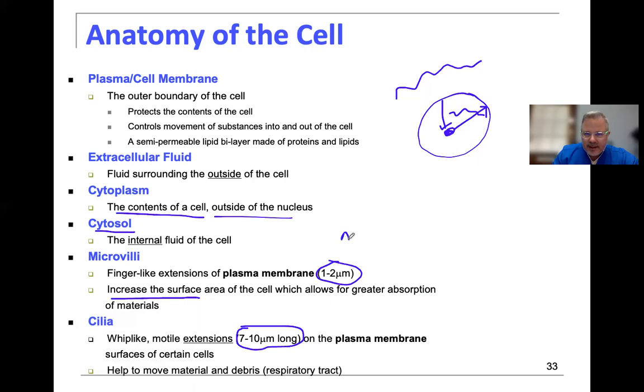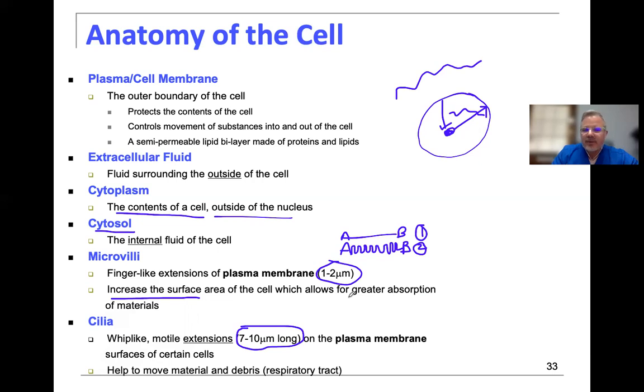Here's point A, and here's point B. Where's there more surface? In number 1? Or is there more surface in number 2? It looks like the same distance, the way I drew it. But if we take number 2 and we uncoil it, we stretch it out, number 2 is much, much longer, right? So there's an increase in surface area with microvilli.